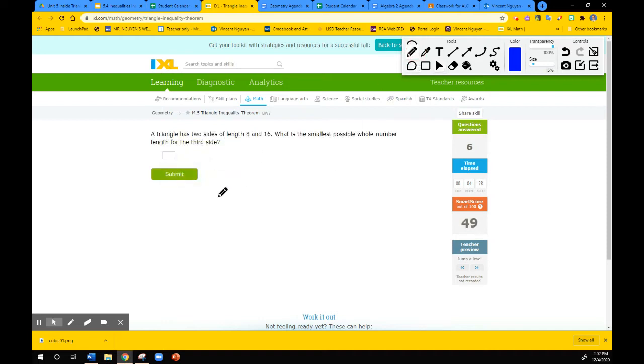All right, the problem gets a little trickier now. We want the smallest possible whole number for the third side. They're telling you the third side is the shortest side, because it says smallest. So this one is 16, and this one is 8. The shortest it can be is 0, but 0 is not going to do anything. We're talking about whole numbers here, so it can be 1.